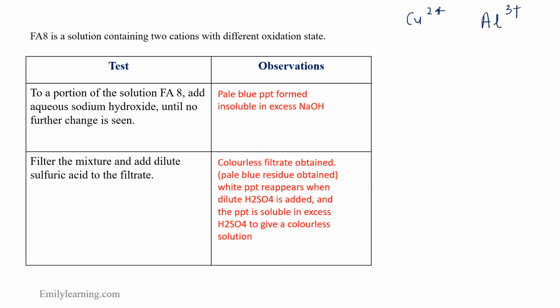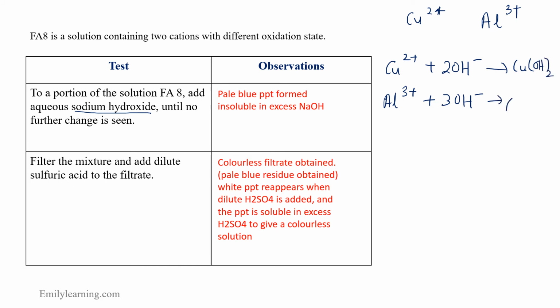Initially, when you add sodium hydroxide, Co2+ and Al3+ will form hydroxide precipitates. Recall that both Co(OH)2 as well as Al(OH)3 have a very low Ksp, so they precipitate out very readily.